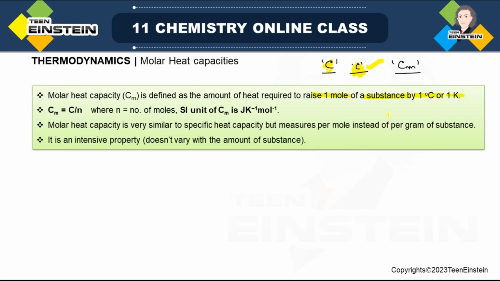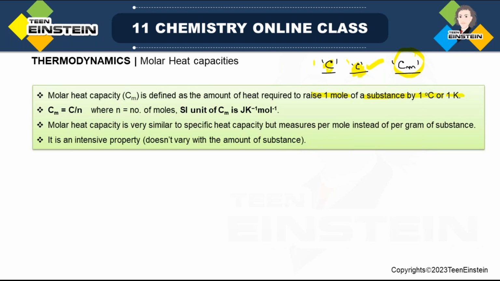It may be per gram or it may be per kg. But when we are talking about molar heat capacity, now it is per mole. So the quantity is fixed. It is 1 mole. Rest of the things are same. That is, again, we are considering for increase in temperature 1 degree centigrade or 1 Kelvin, what should be the requirement of heat. That is the definition.